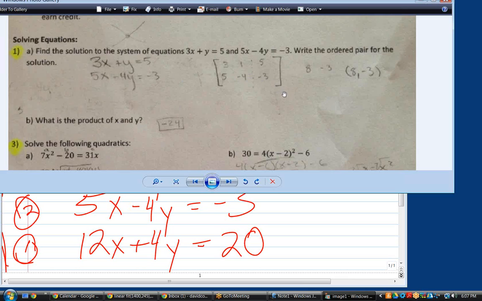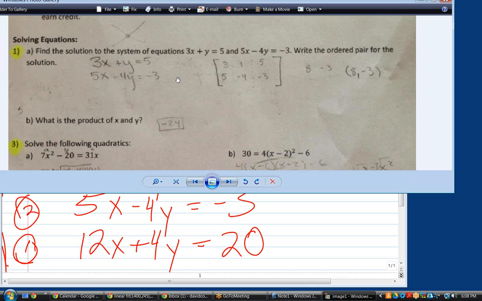Now, you chose to do it with matrices. Do you need to know how to do it? I've looked at the rest of your problems. I do not see anything that says solve it using Cramer's rule. I can go through Cramer's rule with you if you like to come up with this same solution of x equals 1, y equals 2.